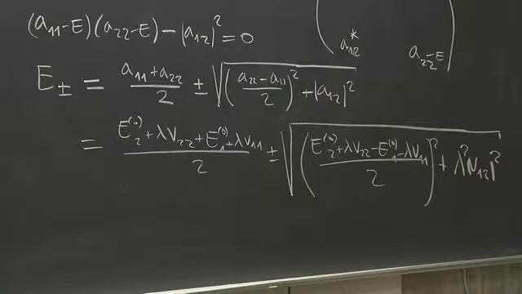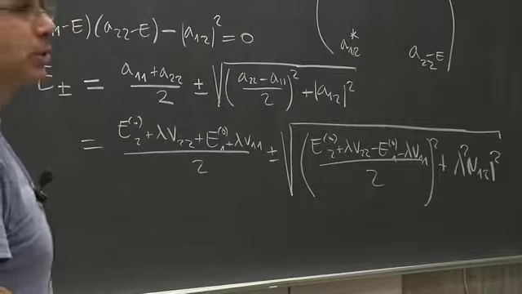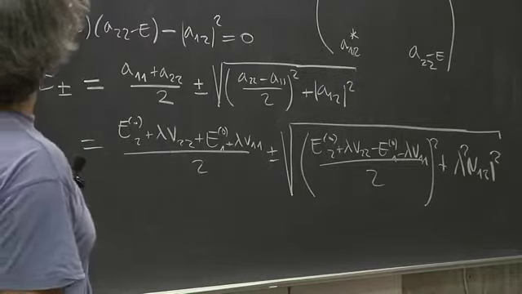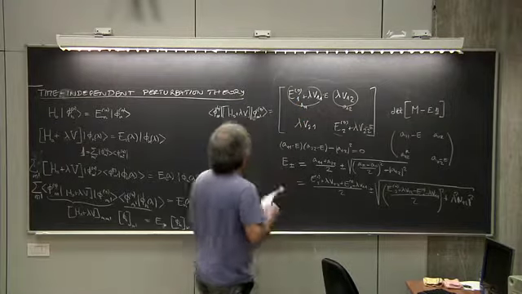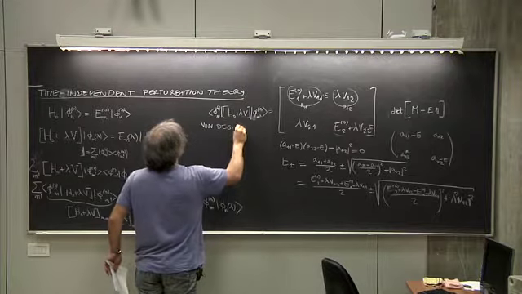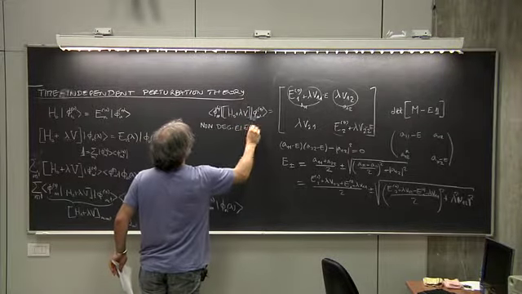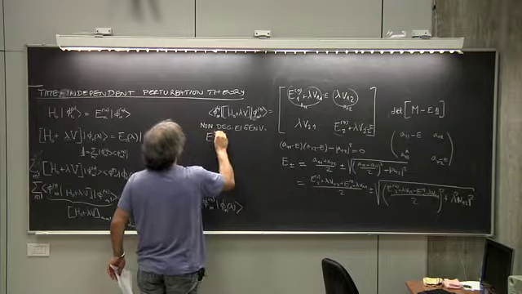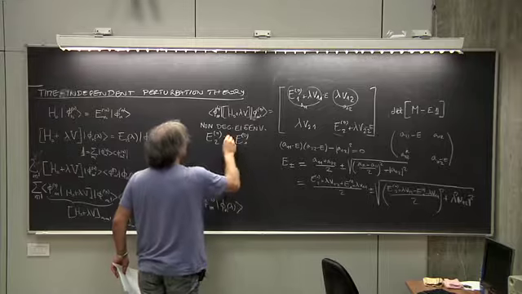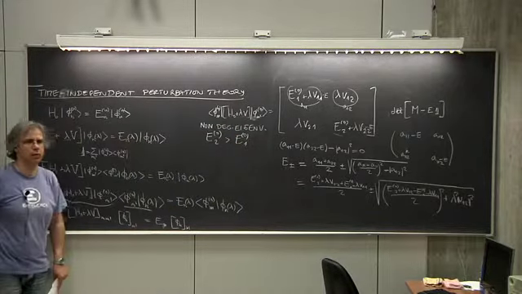These are the two new solutions. I would like to understand what happens for small lambda, because after all, I am assuming that I want to do perturbation theory in the potential, and therefore in powers of lambda. So let us start assuming that the two eigenvalues are non-degenerate to start with. Okay? So non-degeneracy of eigenvalues means that E02 is different from E01, and in particular, I can always assume that it is big.